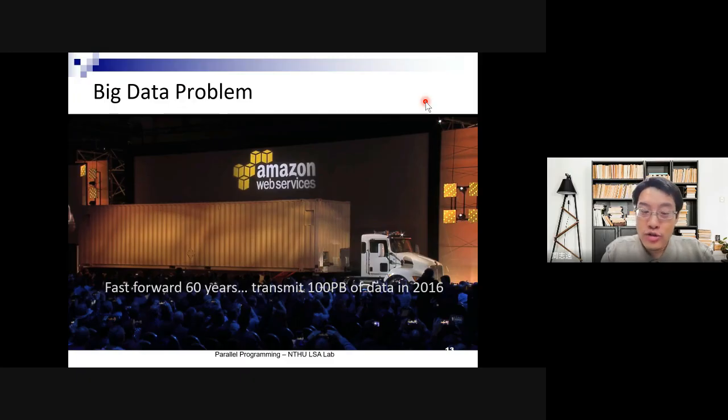It turns out to be an efficient way, because if you need to transfer a huge amount of data, it might still take a very, very long time through the internet. And the cost of sending that data through the internet is sometimes very expensive. On the other hand, if you deliver by truck and flight, you might reach your destination within a couple of hours or a day.